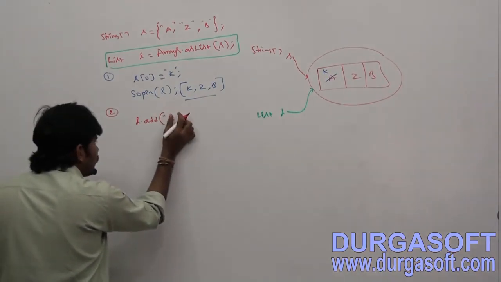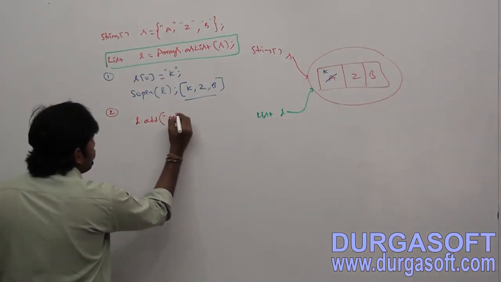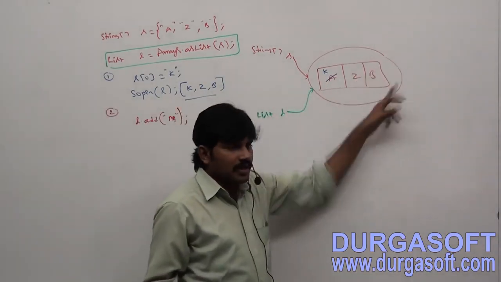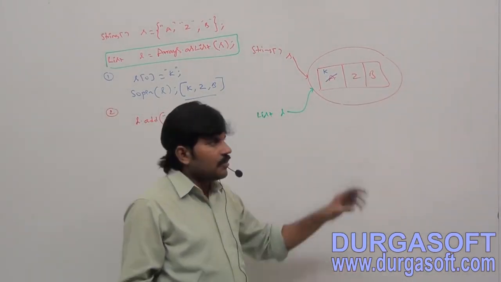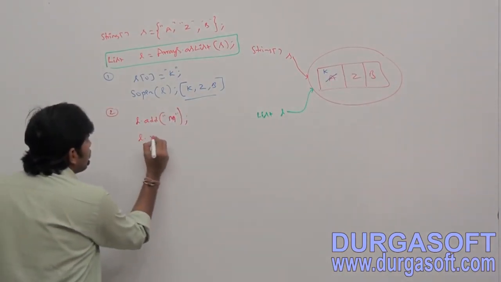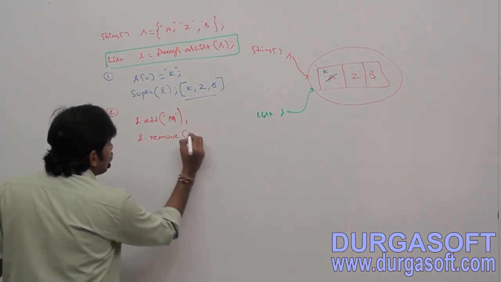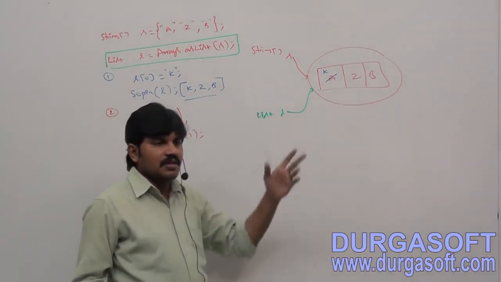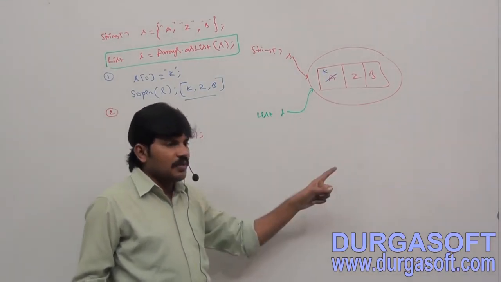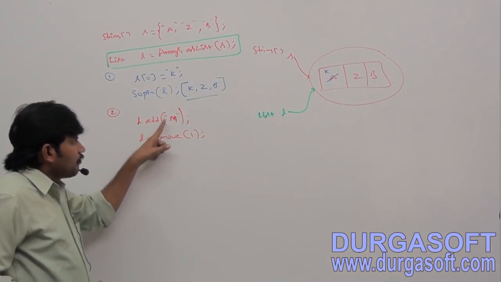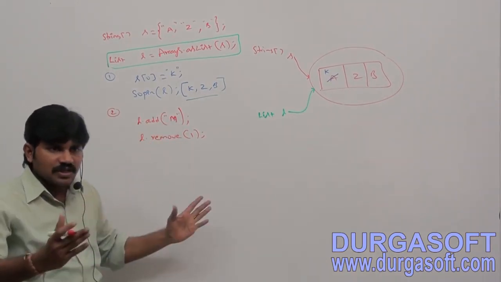Best example here: I am taking L.add of k, or L.add of m. Now the size of the array should be increased, which is not possible because internally it is an array. So L.remove of 1. Can you please remove the first index element? If I remove the first index element, the size will be reduced. If I keep adding m, the size will be increased.